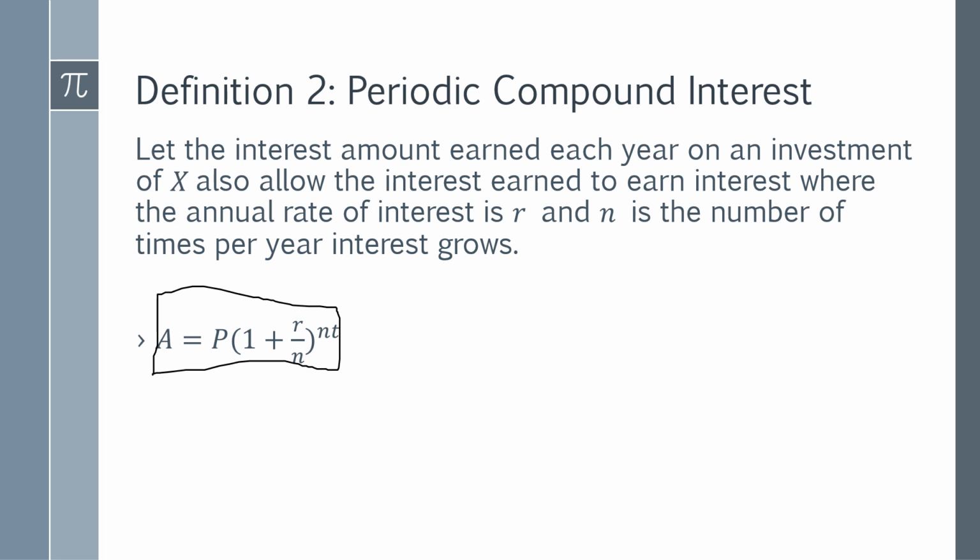But this is called your periodic compound interest because of your N. Your N tells you how many times per year your interest grows. Maybe your interest will go semi-annually. Semi means half, not a whole year. So we usually say twice a year. All right. Quarterly is 4, monthly is 12. But when you open your savings account, your interest will grow monthly.